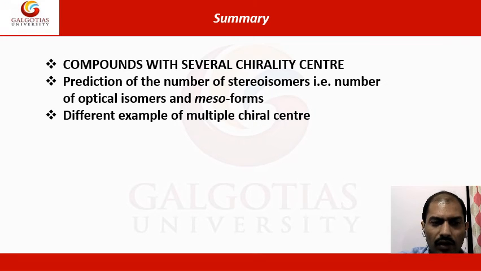Now, from the overall discussion in today's lecture, we discussed compounds having more than one chiral center, how to check how many optically active forms are there, how many meso forms are there, and how to calculate the total number of stereoisomers.